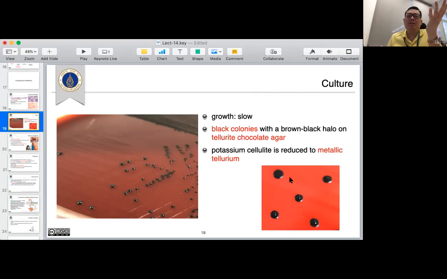It looks like the color of chocolate, so we call it chocolate agar. In this chocolate agar, you need to add tellurite. So we call tellurite chocolate agar the media for diphtheria.